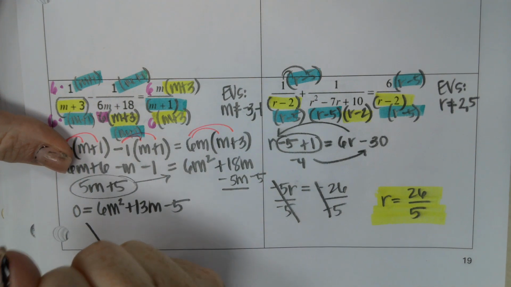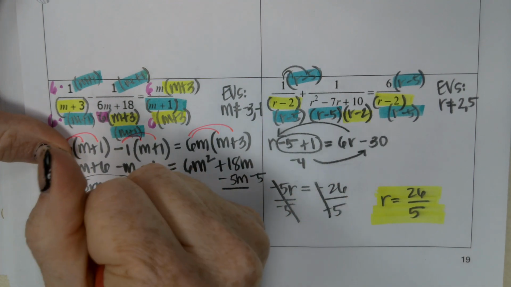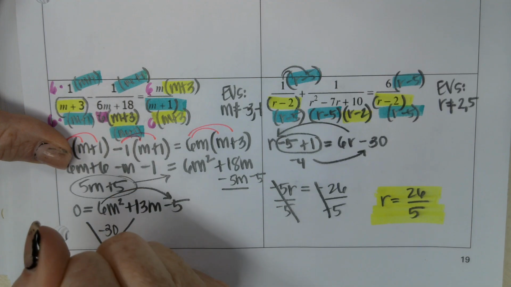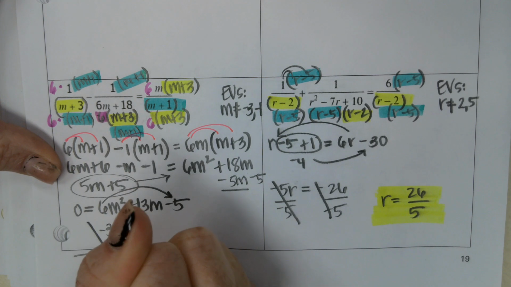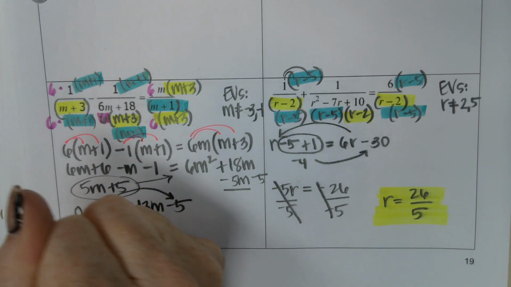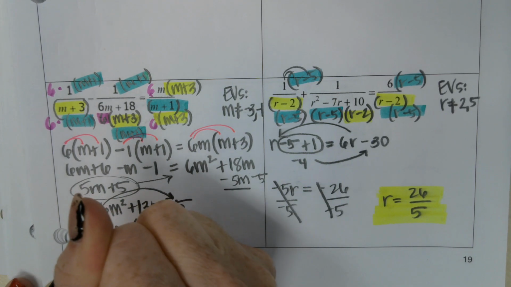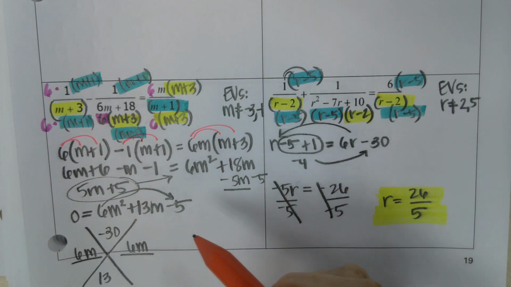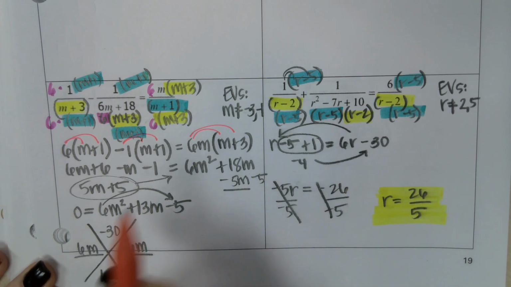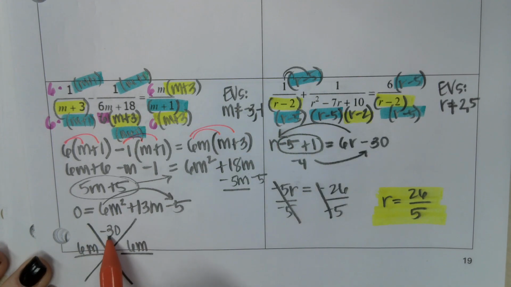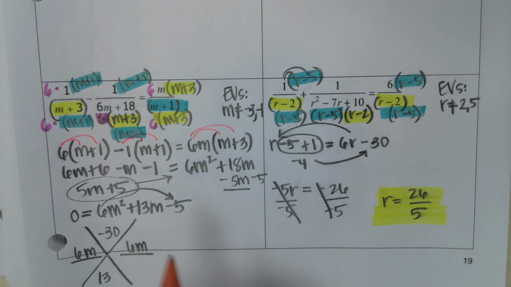All right, and we need the x method. So 6 times -5 is -30. And you need that to give you a positive 13. Well, I got to be careful because I want them to multiply to give me a negative, so my signs have to be different.